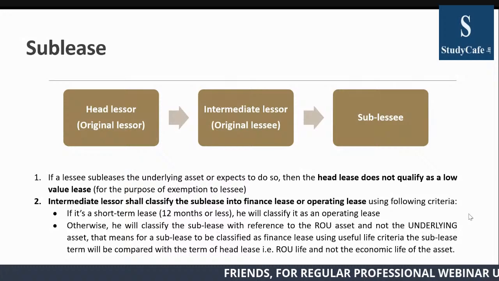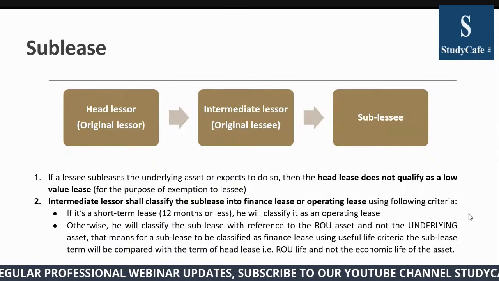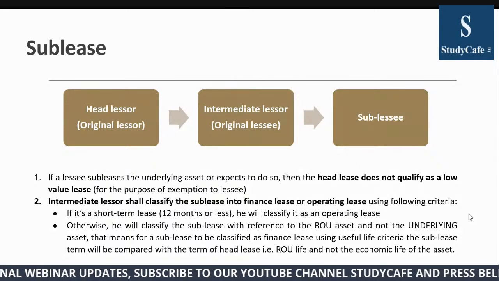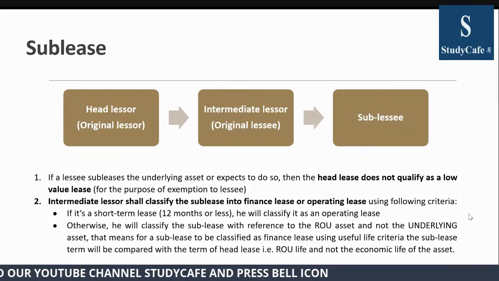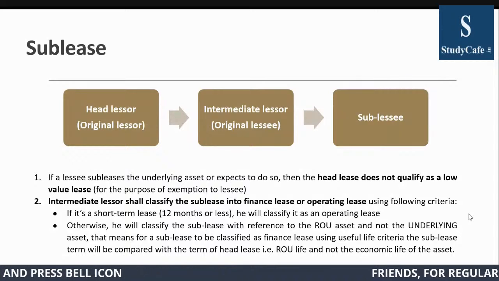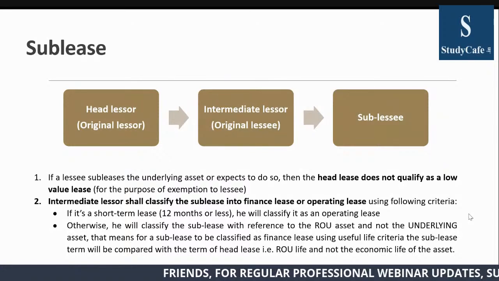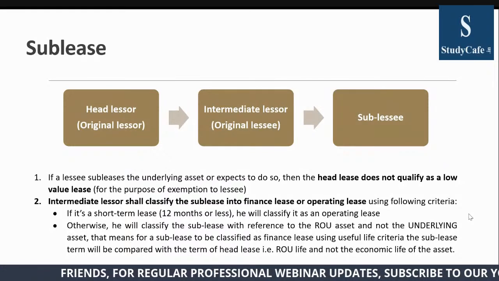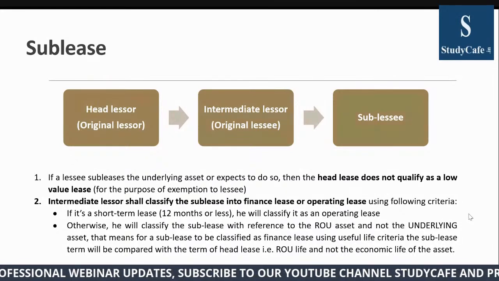Now what happened? 5 years is the lease term for the original lease. This 5 years will be compared with the economic life for the main lease part. But for the sublease, the 3 years of sublease term will be compared with the 5 years of the main lease and not with the 10 years of the economic life of the asset.